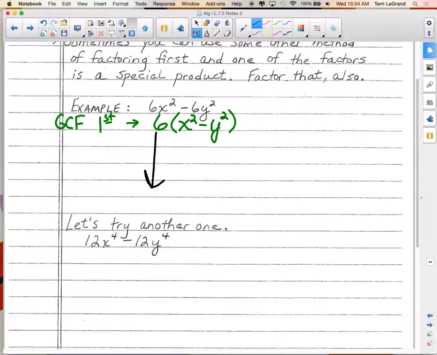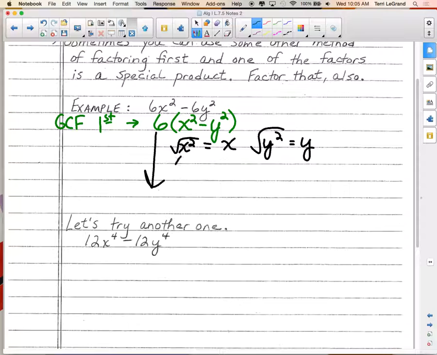Remember how we didn't ever want to forget about something? Can we take the square root of x squared? What is it? x. Can we take the square root of y squared? What is it? y. Well, then they're both perfect squares. There's subtraction. This is the difference of squares.